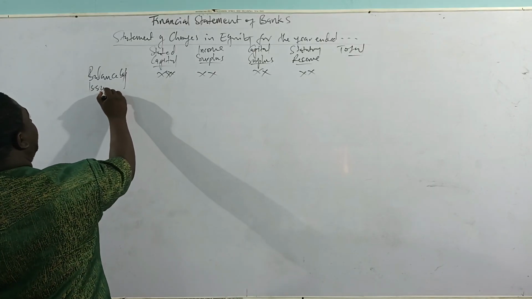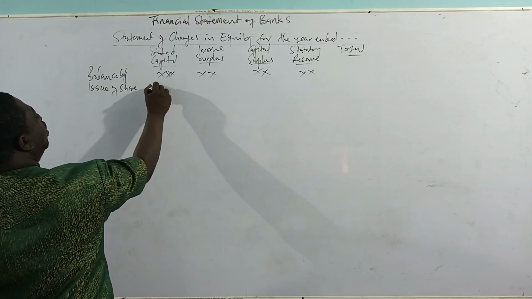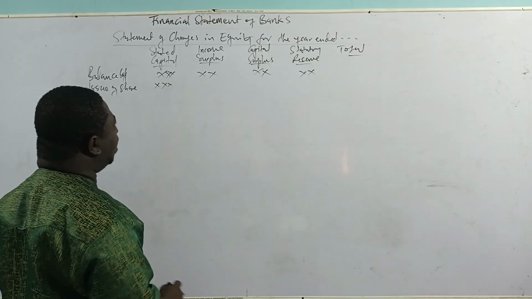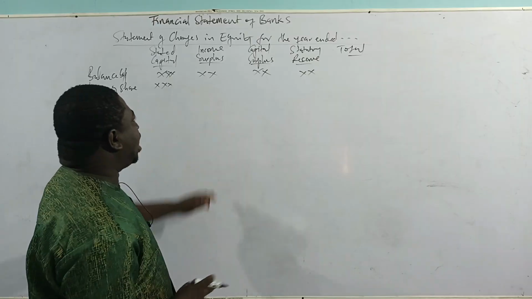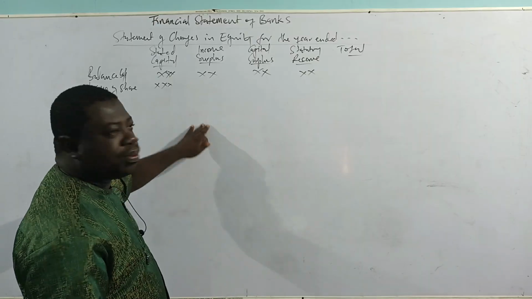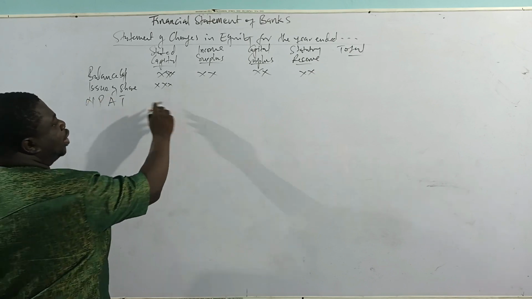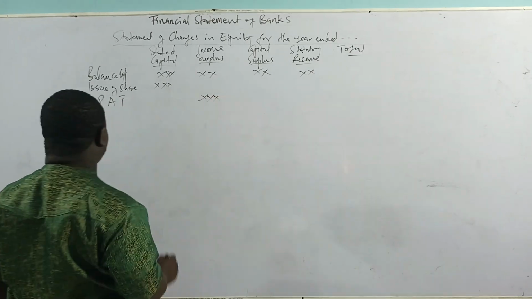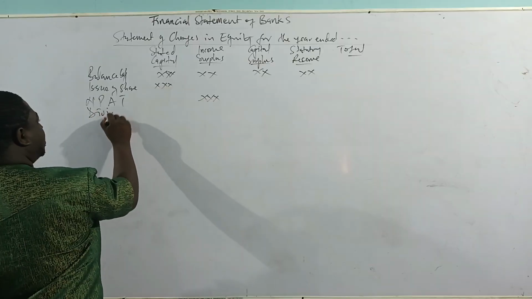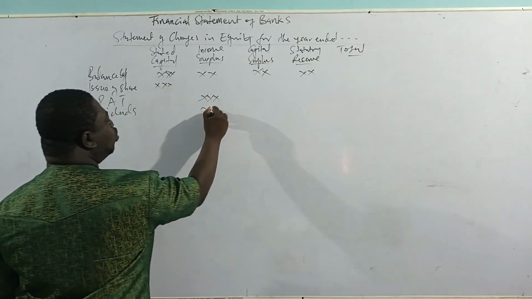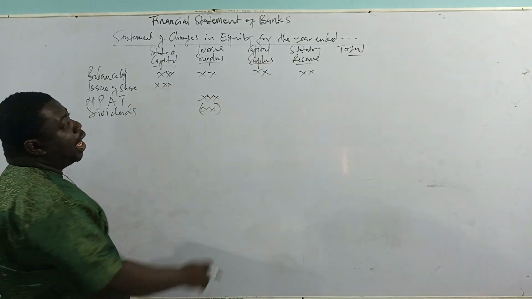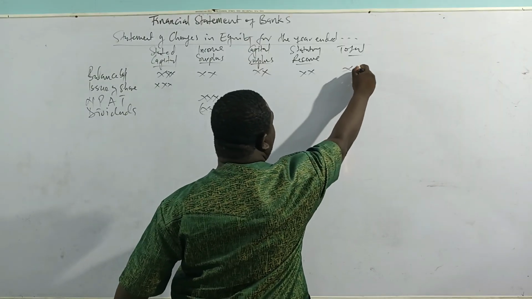So assuming there was an issue of share, you just increase your stated capital. Then the most important part that changes a lot is the income surplus. So your net profit after tax, which we just computed, will be added to the income surplus. Any dividends to be paid or proposed will be subtracted from it, and whatever you do will affect the total column.